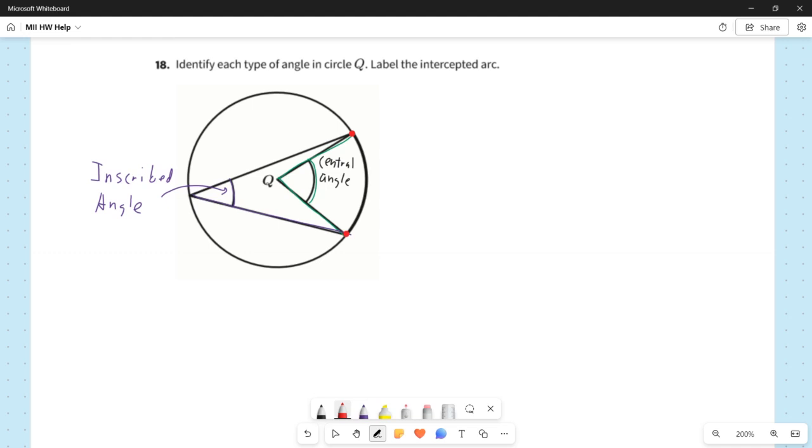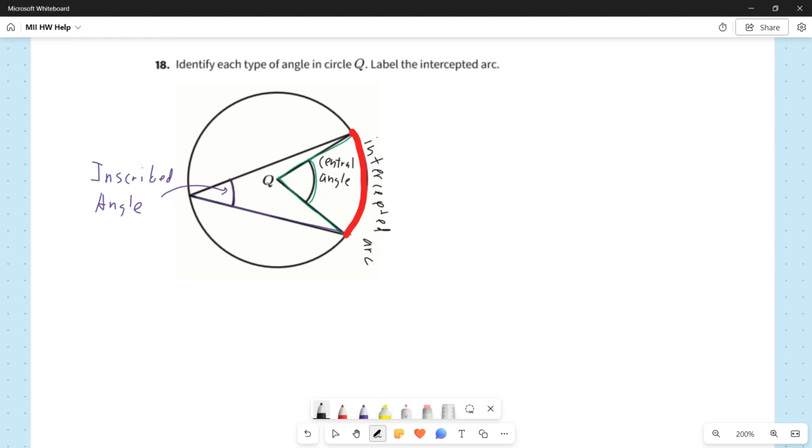And what that does is it intercepts this piece of the circle. Right? Actually, you know what? I'll do it around just to make sure that we understand what we're talking about here. So this is the intercepted arc.